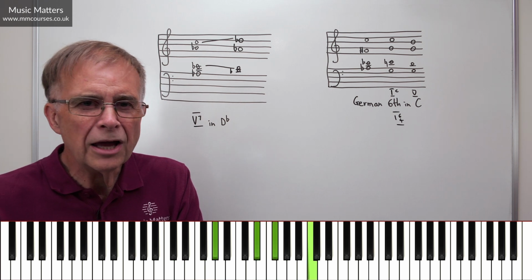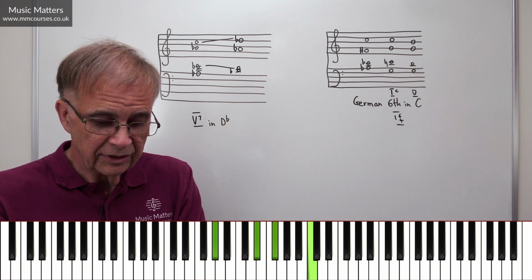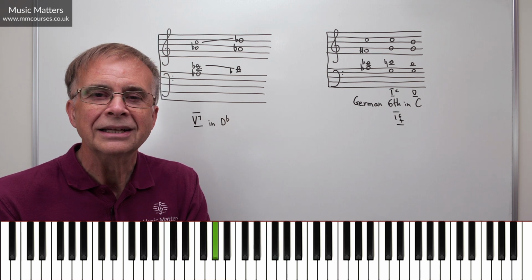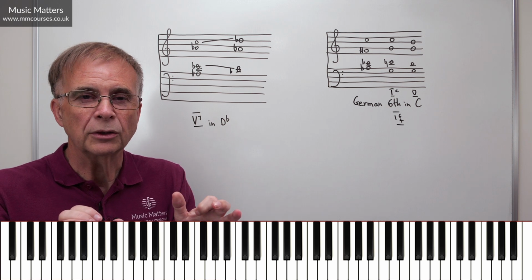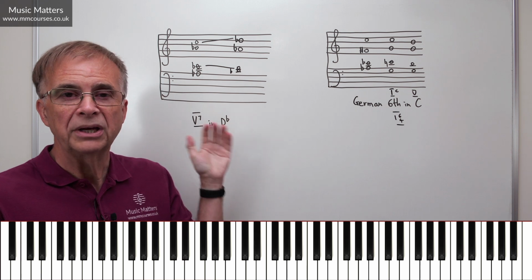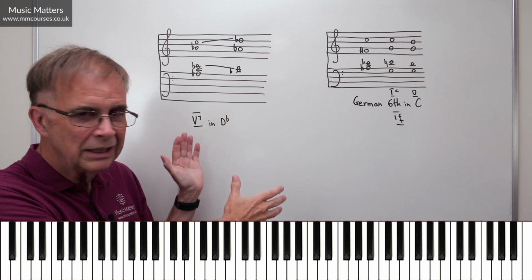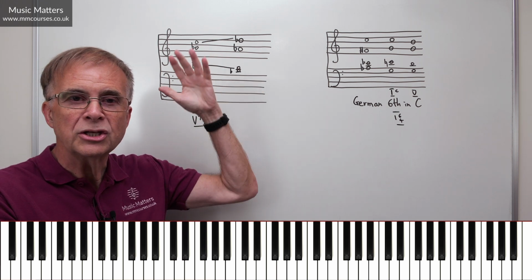Then I'll make an enharmonic change and I'll call that F sharp, G flat, and then I can carry on in D flat major. So it does give us opportunity to shift keys and so on. We can play with that enharmonic difference. But I'm hoping that this is clarified, that there's a very clear distinction between a dominant 7th and a German 6.